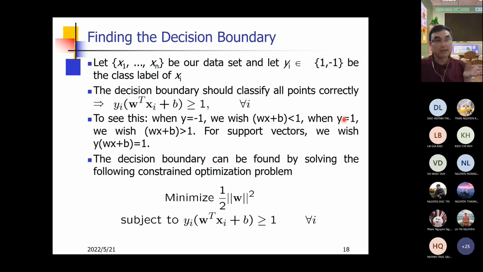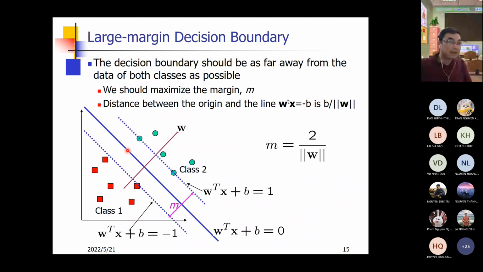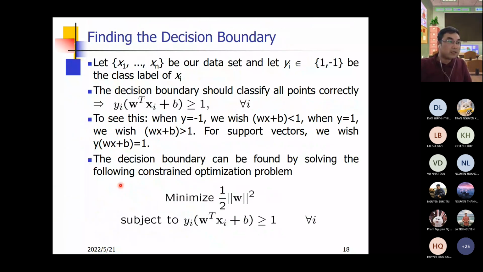If we have a positive class, it will be greater than 1. And for the support vectors, it would be equal to 1 here. And what we're trying to do is to minimize this weight vector.